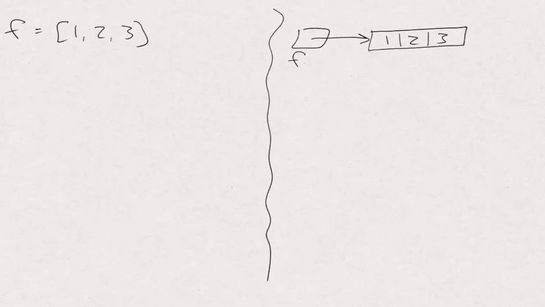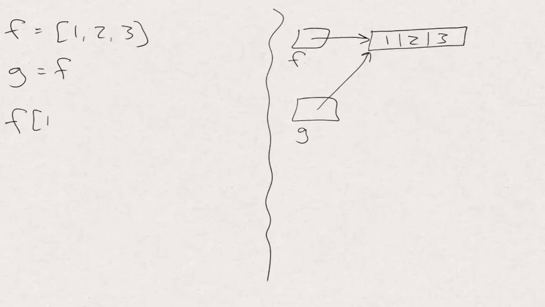Now suppose we set g equal to f. Well, as before, we allocate memory for g, and we store in it the value of f, which is a reference to the list containing 1, 2, and 3. Suppose now we go and modify that list, which we can do because the list class is mutable.